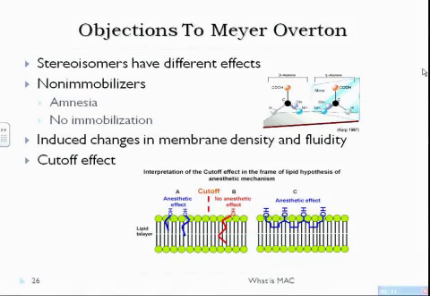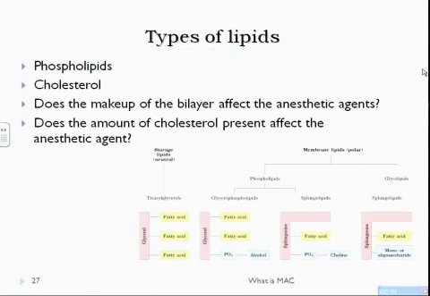Eventually, after a certain amount, it doesn't really seem to make a difference in some individuals. So that's what's called the cutoff effect. Even with high cholesterol levels, which are membrane stabilizers, you don't really see an effect on the anesthetic itself. So this also argues against the theory of it being purely the Meyer-Overton theory.